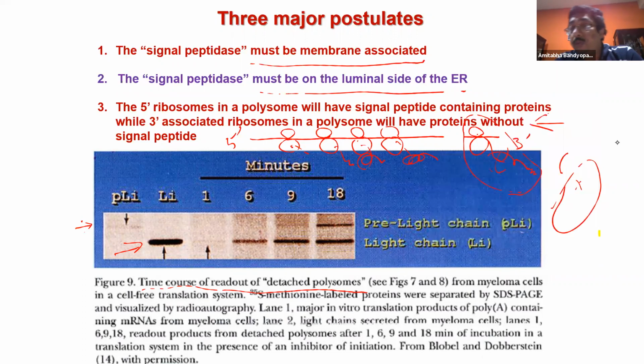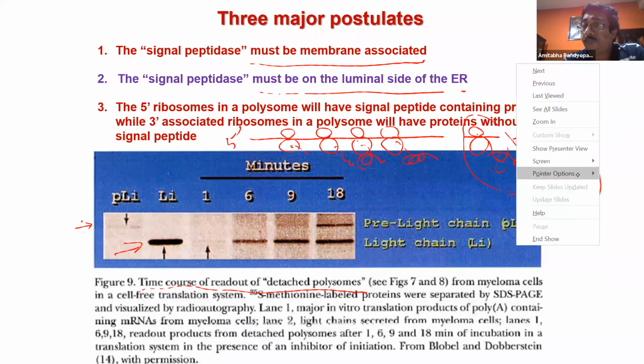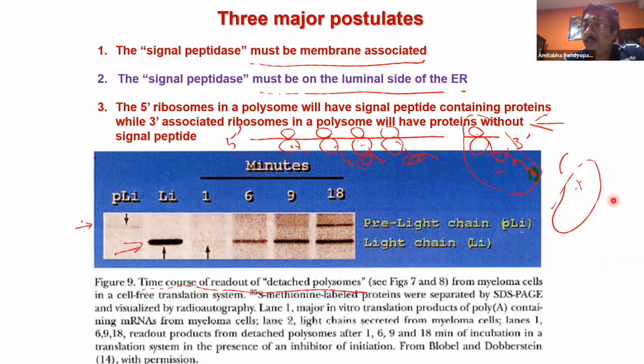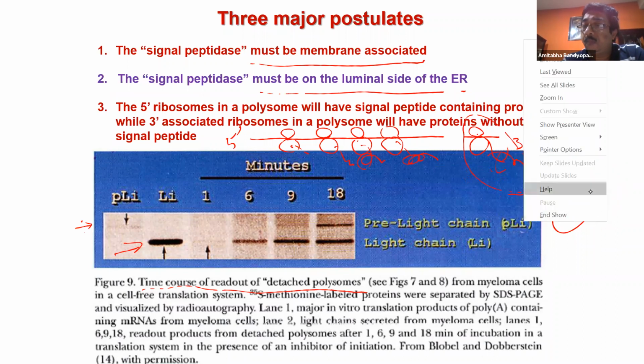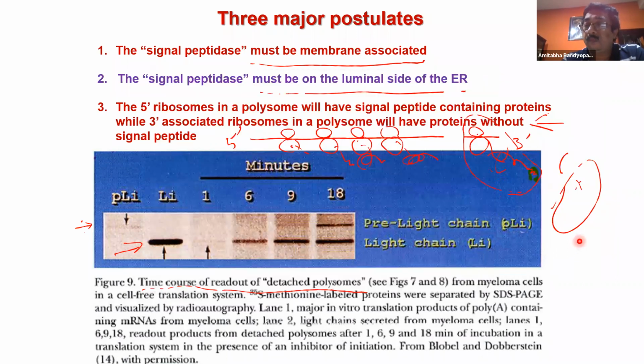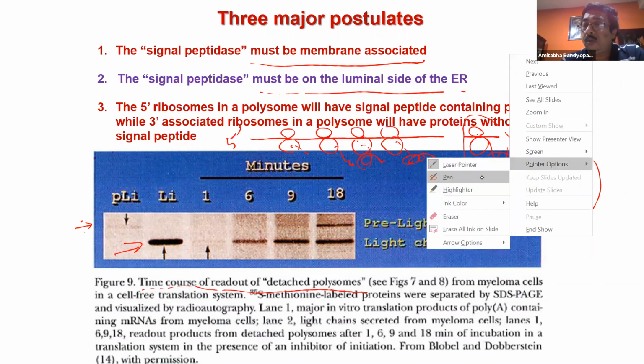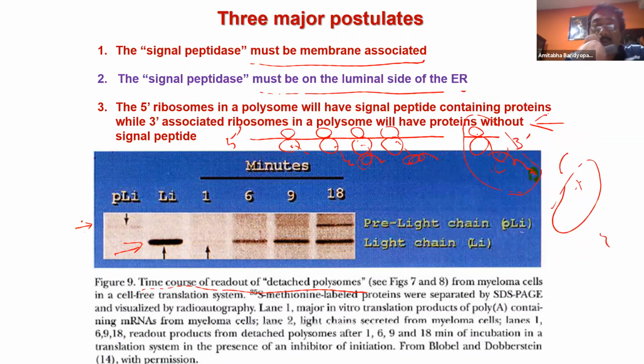So first of all, it will incorporate very little, and so it will be very faint. So you see here, it is very faint, and it is of the same size as the mature light chain.